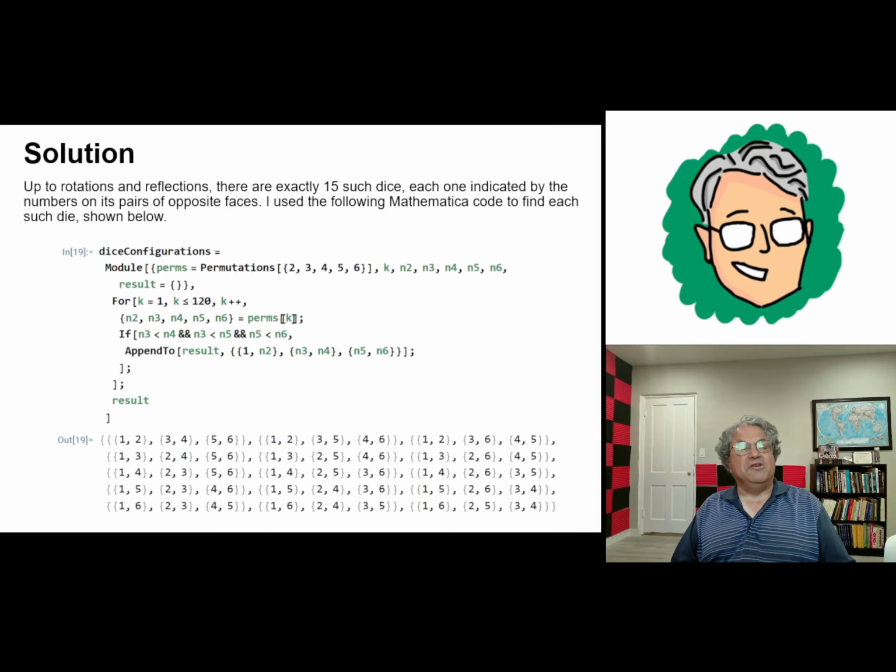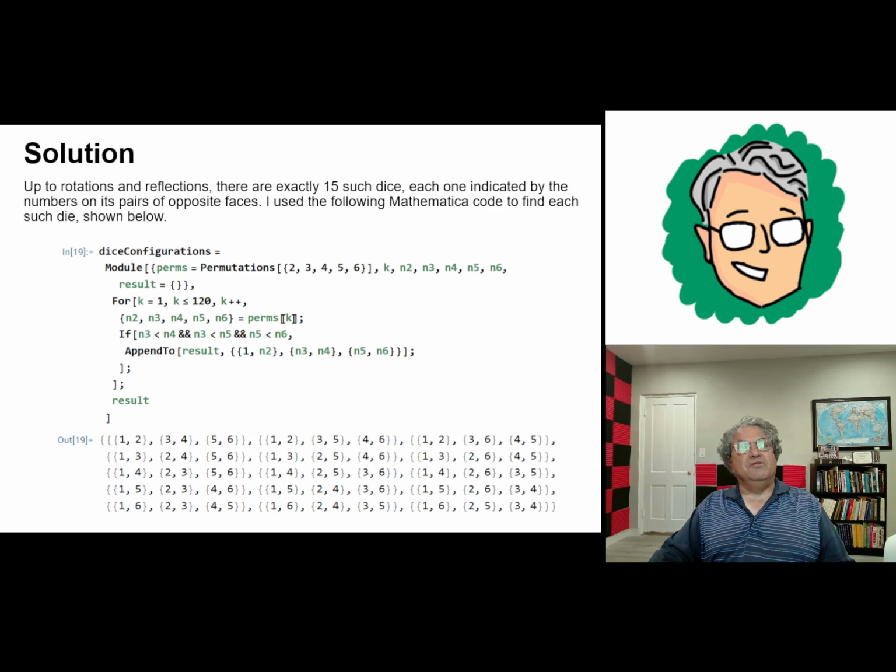I wrote Mathematica code like I usually do to solve this problem. The first thing I did was I wrote code to list all 15 possible dice configurations, and they're listed on the bottom. I don't know if you can see this very clearly, but I have 15 lists. These are lists of pairs.